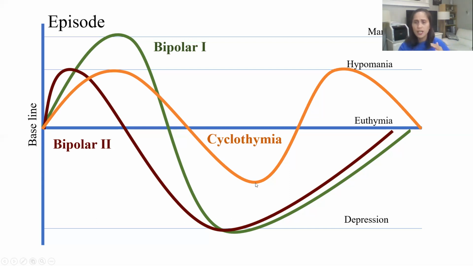Then it goes up again to hypomania and then back to normal. So this kind of mood is always alternating and doesn't really stay in one place.